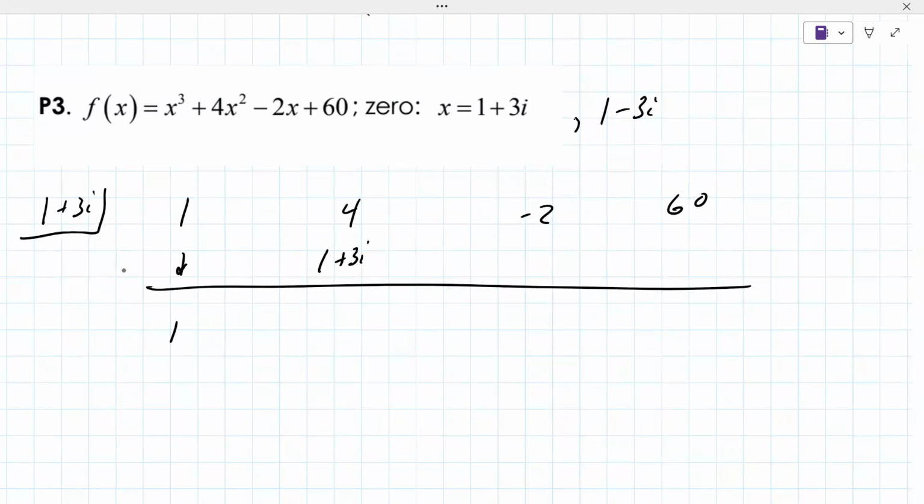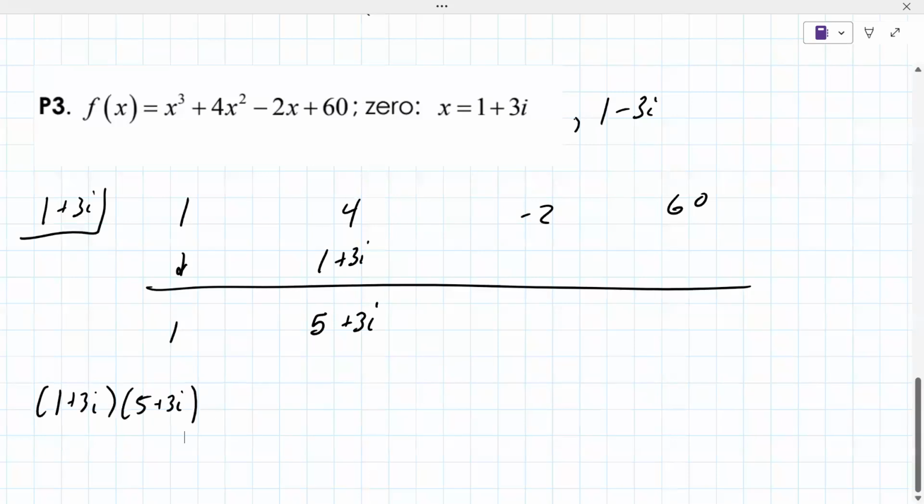So when you try to keep it in that a plus bi form, so 5 plus 3i, you've got to multiply 1 plus 3i times 5 plus 3i. So will you FOIL that for us, please, and let me know what you come up with?